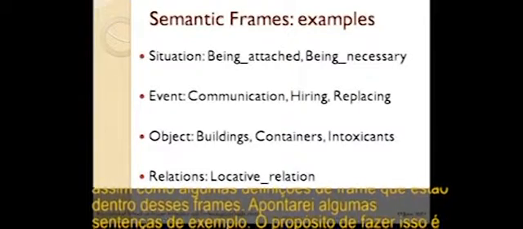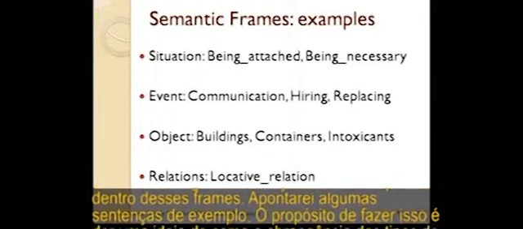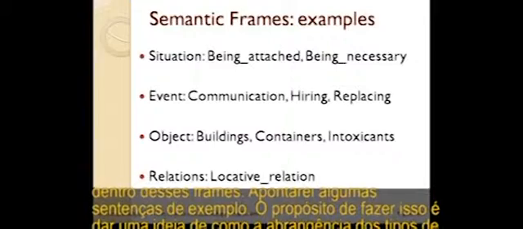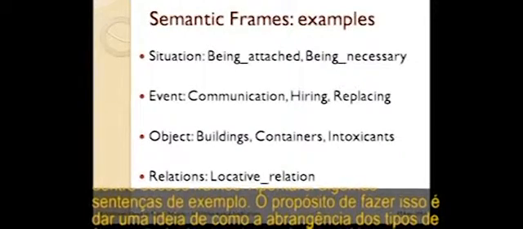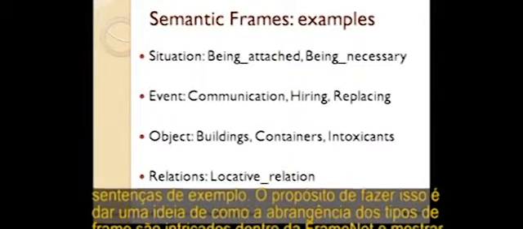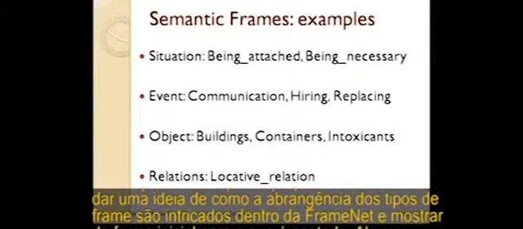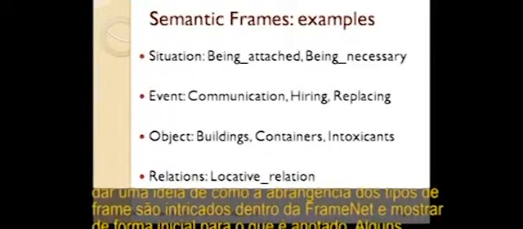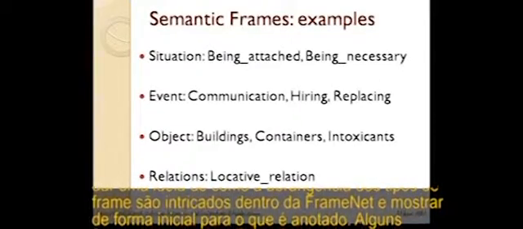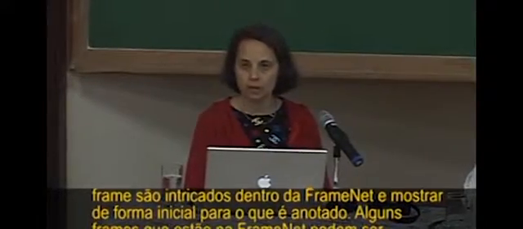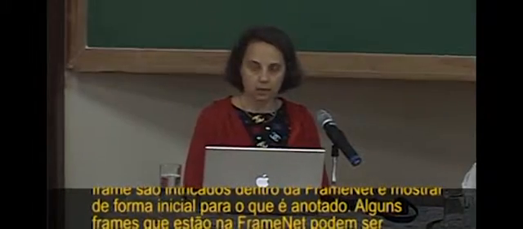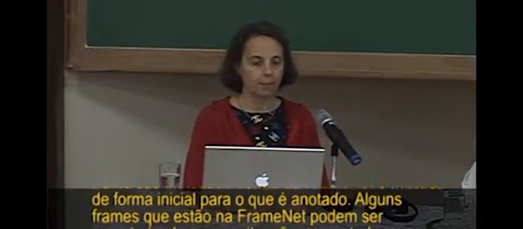Okay, so some frames that exist in FrameNet that can be characterized as a situation are being attached or being necessary. An event frame is, for example, communication or hiring or replacing.